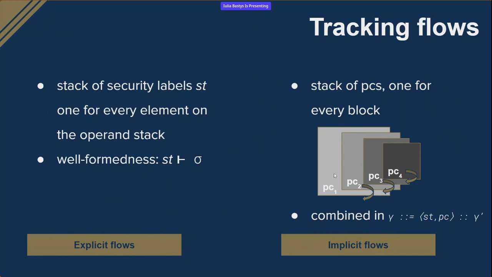Because we have these nested blocks, we are going to use one PC for every block. So that's why we get at the end a stack of PCs. And finally, we combine the stack of security labels for tracking the explicit flows with the stack of PCs, and we get a stack of stacks, which we are going to use in our typing judgment.